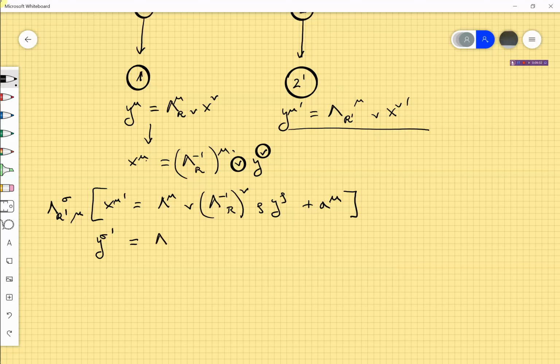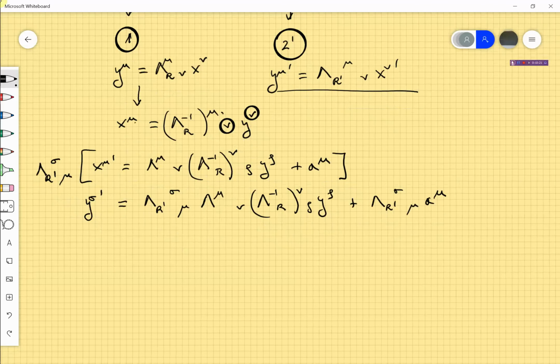Here I have lambda r prime sigma mu lambda mu nu lambda minus 1 r mu rho y rho plus, and remember that this lambda r prime sigma mu acts on everything, so you have lambda r prime sigma mu a mu.